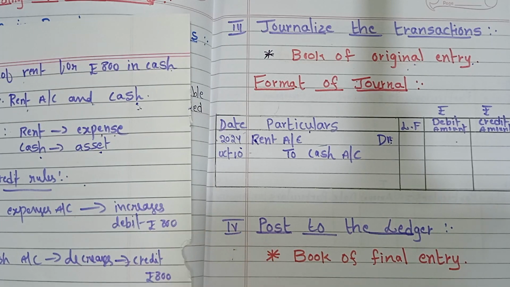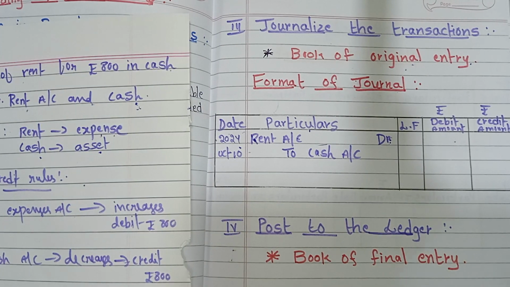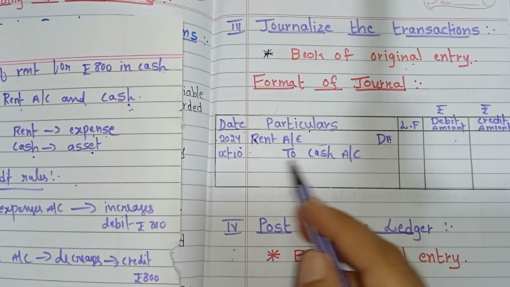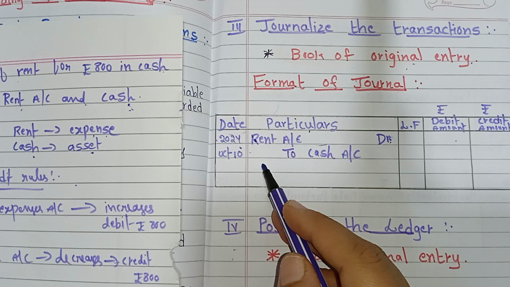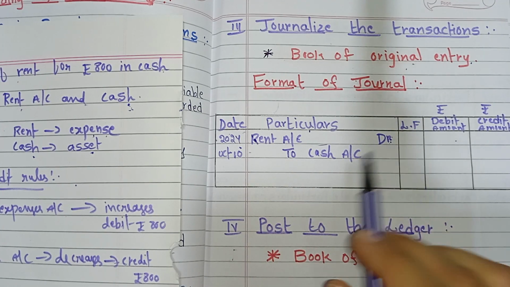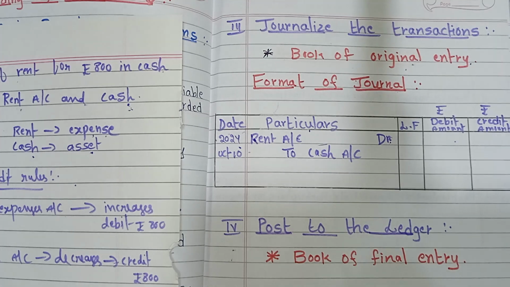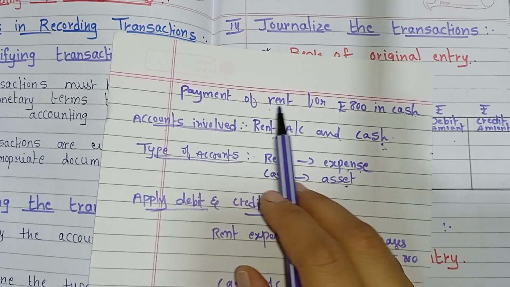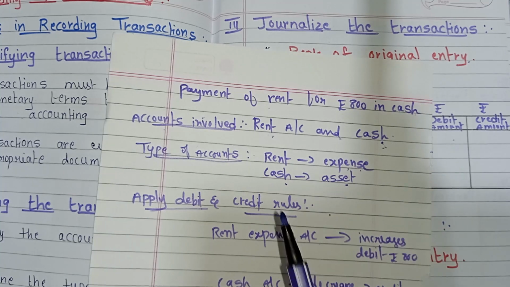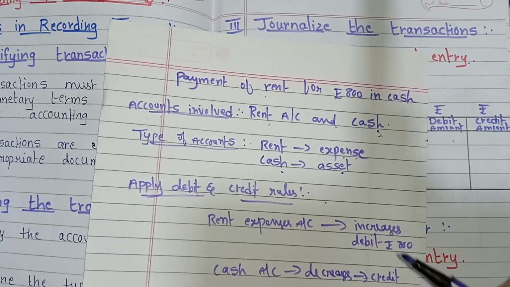Fine. After that, below the account titles, means the rent account and cash account, we need to write a brief narration describing the transaction. What is the transaction? Payment of rent for rupees 800 in cash. Now we have to write a brief narration describing the transaction.